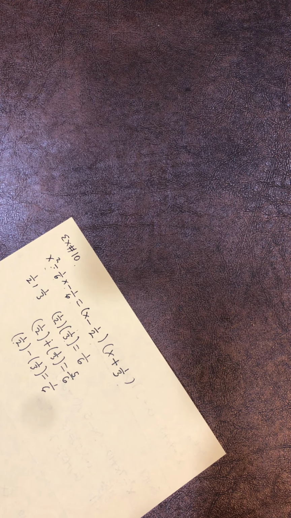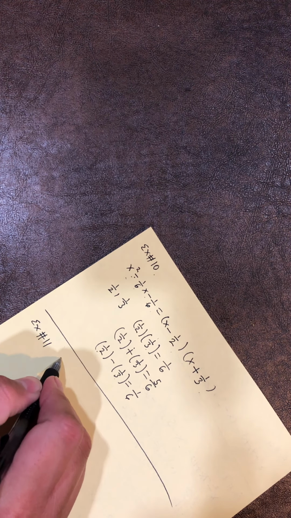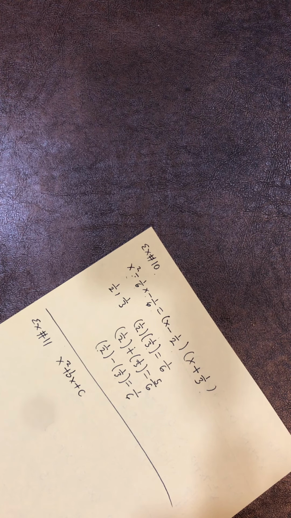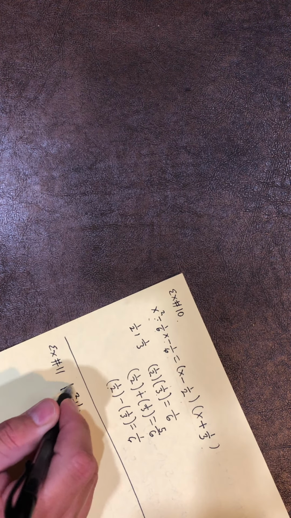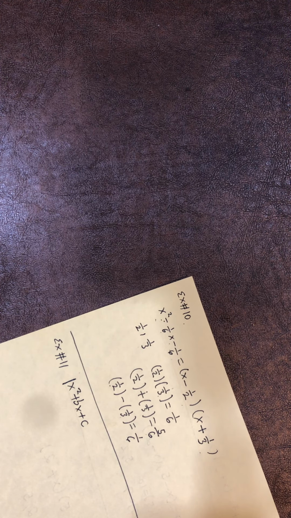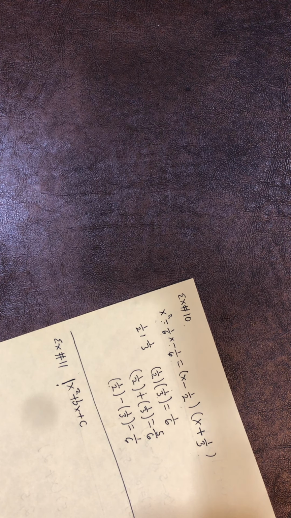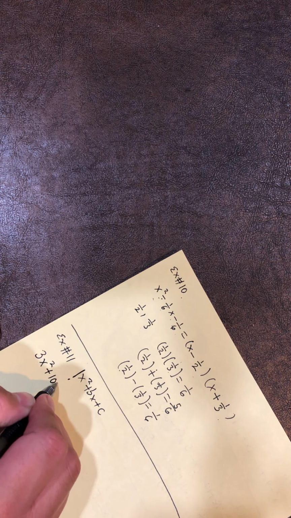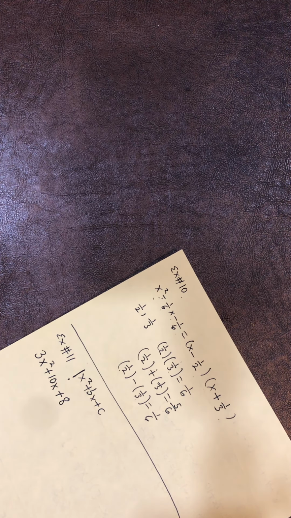So far we have been dealing with expressions of the form x squared plus bx plus c, right? How to factor that, where this is 1. But what if that is not 1? What if instead I have something like this, 3x squared plus 10x plus 8? Let's say I have that.